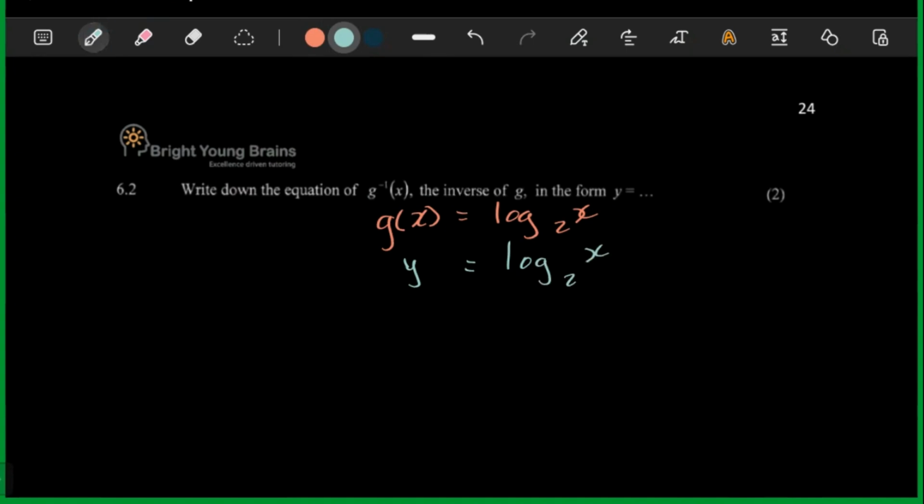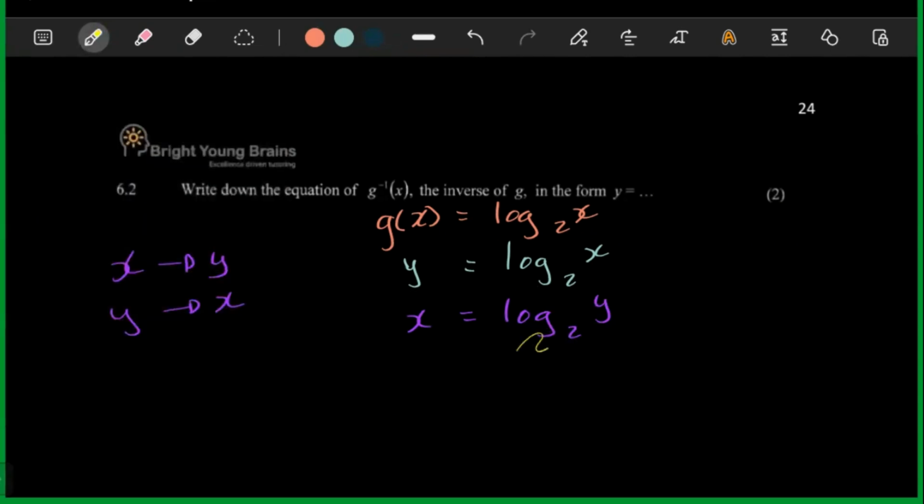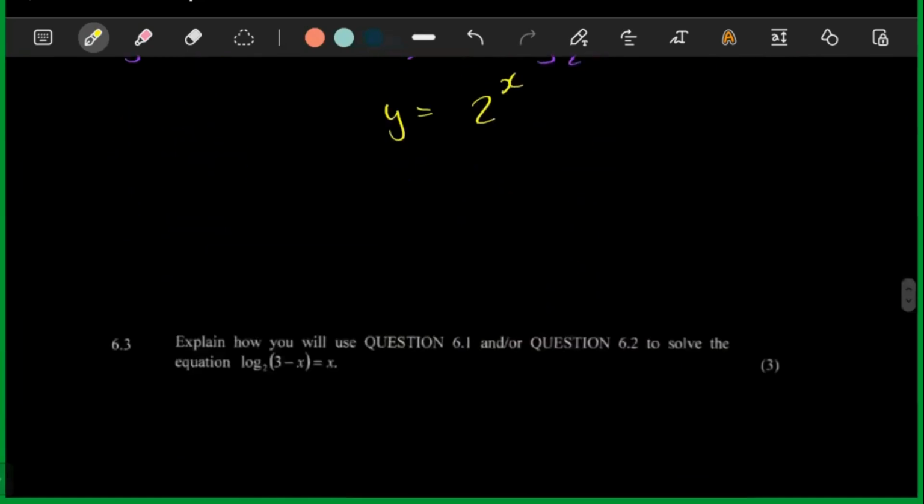But now we want to solve for x and y. So we're gonna say x becomes y, y becomes x. So what happens is this becomes x, and I have log here with the 2 and then this is the y. And then you're gonna have here the base, this is the exponent. Y is equal to 2 to the power of x.